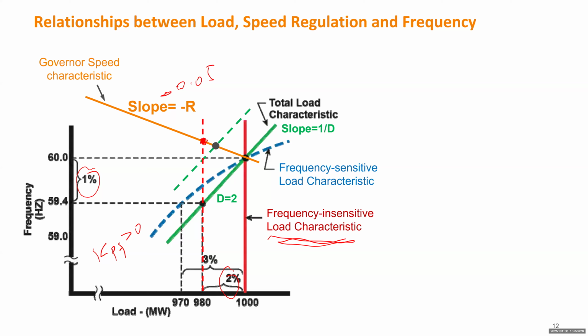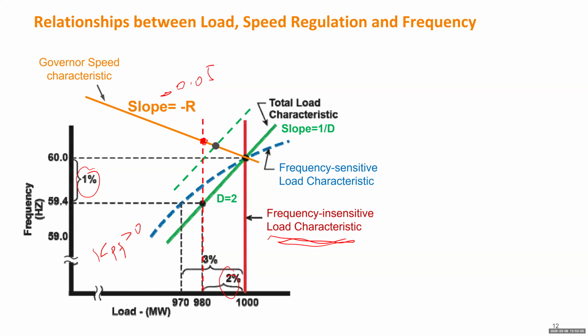Compared to the right dot, this new black dot will be lower, which means it has even smaller frequency deviation. So the final frequency deviation is determined by both the governor speed characteristic, which is R, and also D. Both D and R tell what the final frequency deviation is.